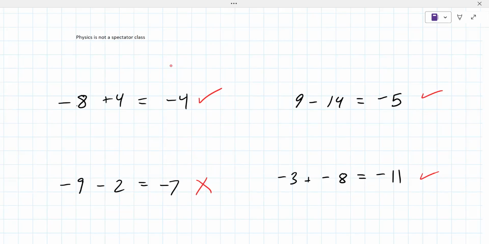Hold on, let's see. Same sign? No, not same sign. They are the same sign; they're both negative.